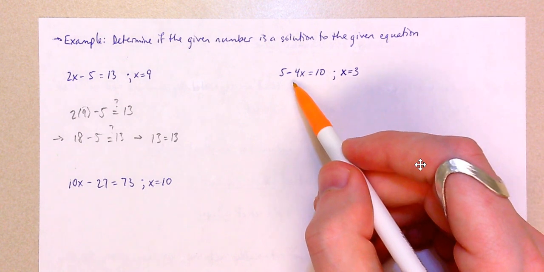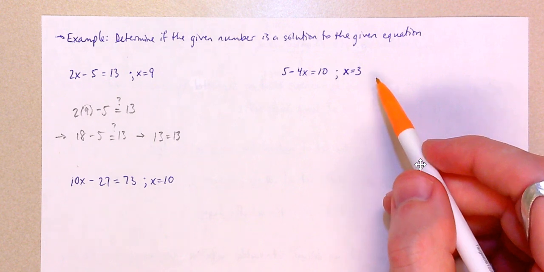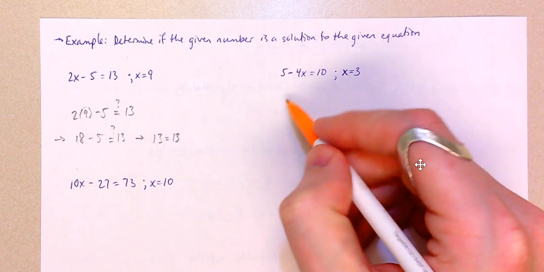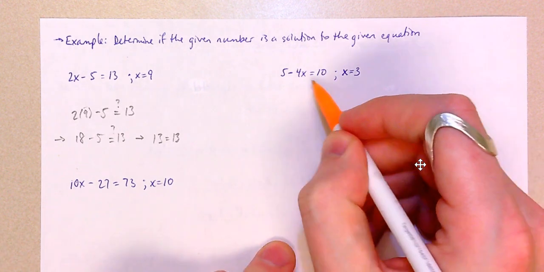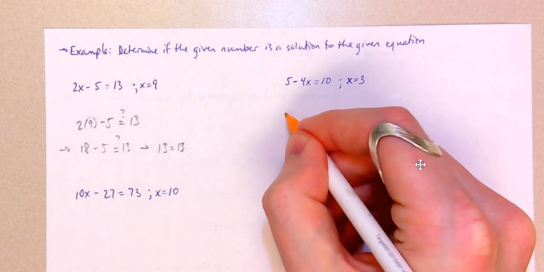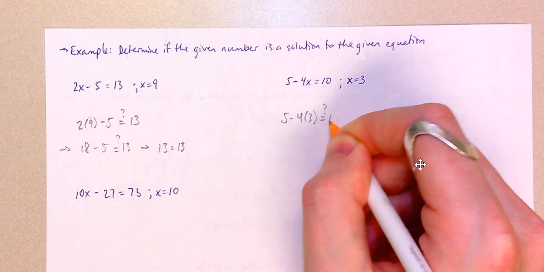Let's go to the next one. 5 minus 4x equals 10. And we're going to see if x equals 3 is a solution. Well, again, take the value, plug it in for the variable, see if the two sides are equal. 5 minus 4 times 3, is this equal to 10?